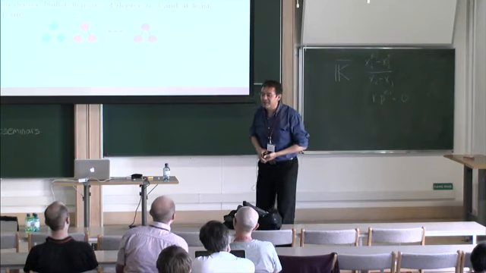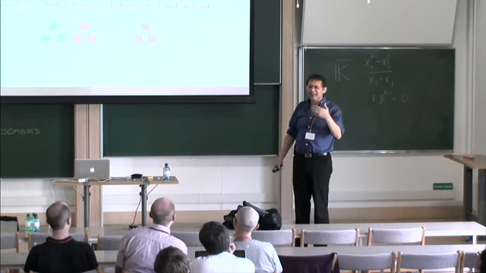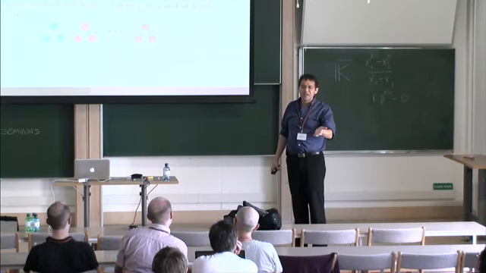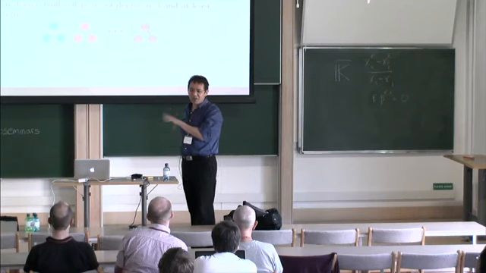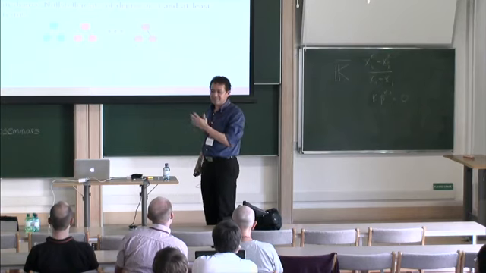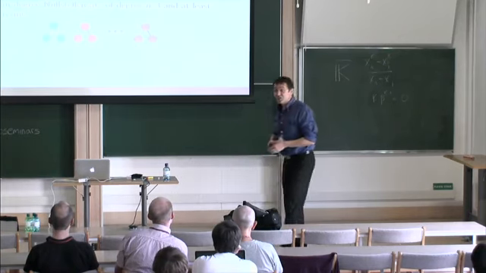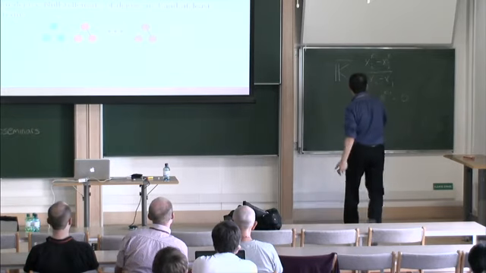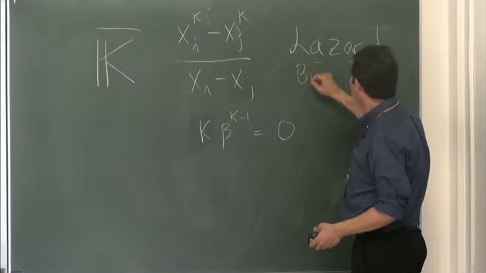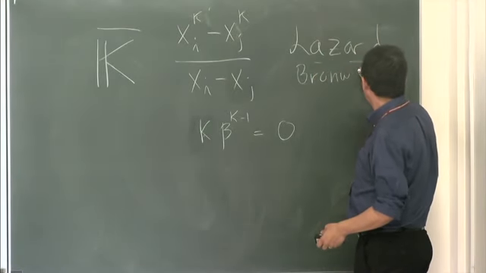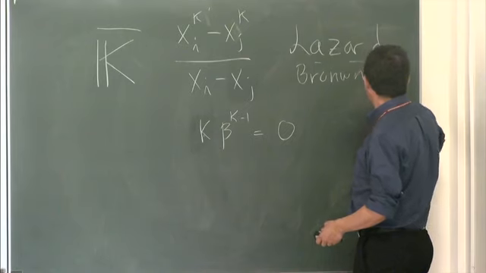So how about upper bounds? Well, I already told you about Kollár's bound, but these are special polynomial ideals. For example, they have a nice zero-dimensional variety. There's a paper by Lazard, and Brownawell, I think.